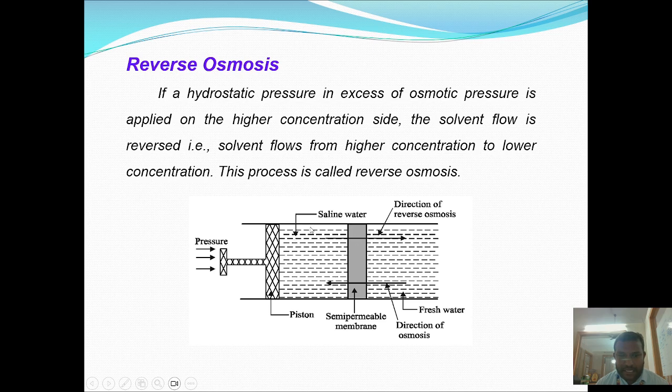That is, the solvent flows from the region of higher concentration side, that means the saline water side, to the low concentration side, that is the fresh water side. This process is called reverse osmosis. By this method, we can convert seawater into drinking water.